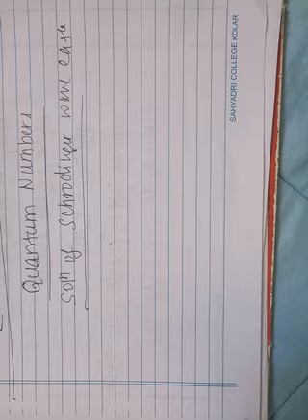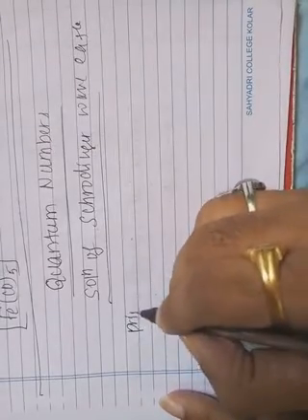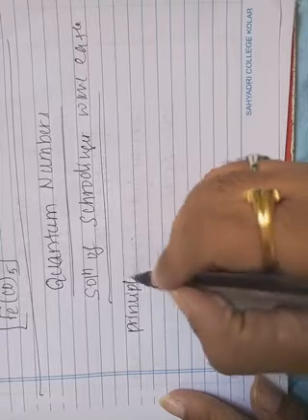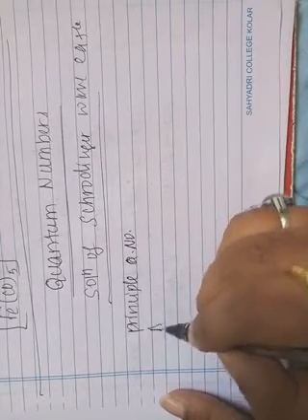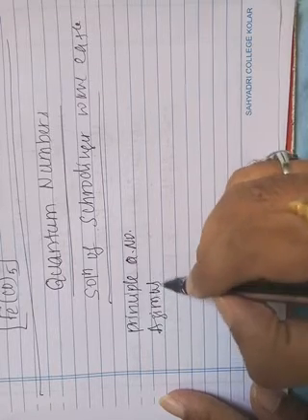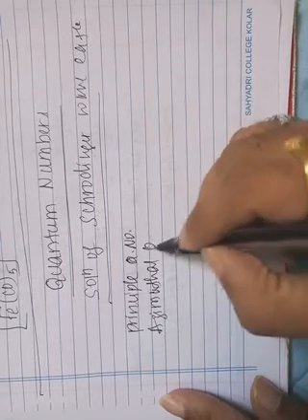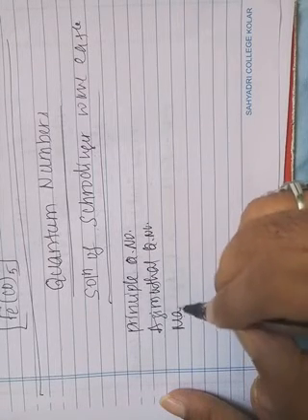We have four quantum numbers. The three quantum numbers are the principal quantum number, azimuthal quantum number, and magnetic quantum number.